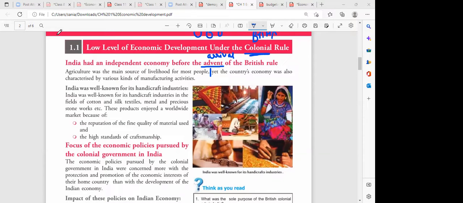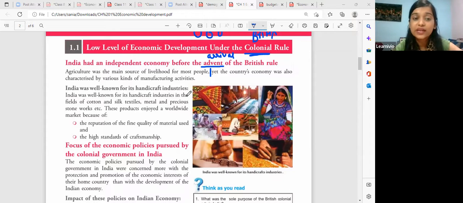Now, as I told you, India was well known for its handicraft industries in the field of cotton, textile, metals, precious stones, and all that. So what was the reason? Worldwide means all over the world, India's handicraft industries were famous. So what was the reason? First, the reputation of fine quality of material used.